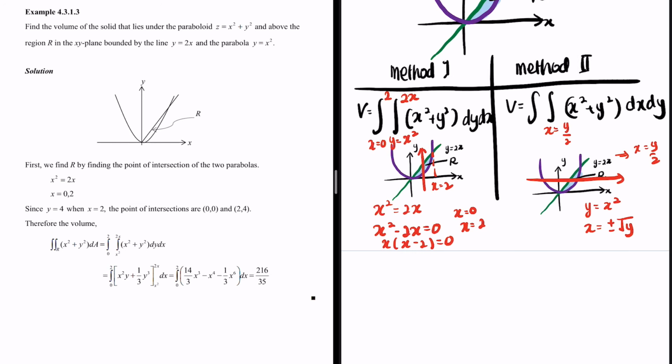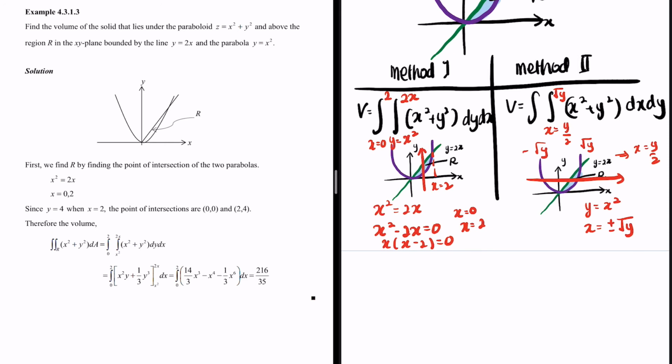Whatever you have on the right-hand side, we will have positive square root of y, and whatever parabola you have on the second quadrant, we will have negative square root of y. So in this case, you will have square root of y as the upper limit with respect to variable x.